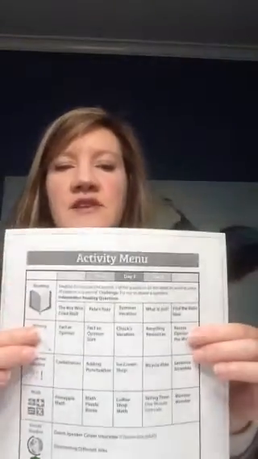Okay, I wanted to go over day 2 of your work packet. Now I know some of you might have gotten started already on this. So day 2, you're going to start again with reading for 20 minutes from this activity menu. Read for 20 minutes.